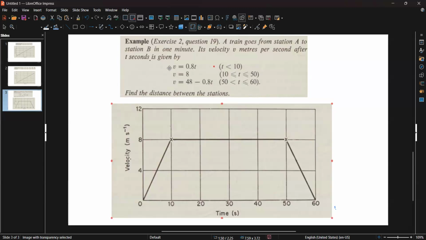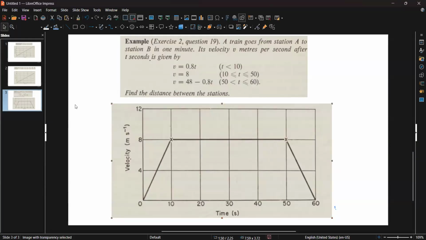The information says that from 0 to 10 seconds, the velocity is 0.8t. So when t equals 0, if you put t equals 0 in here, v is going to be 0 because 0.8 times 0 is 0.